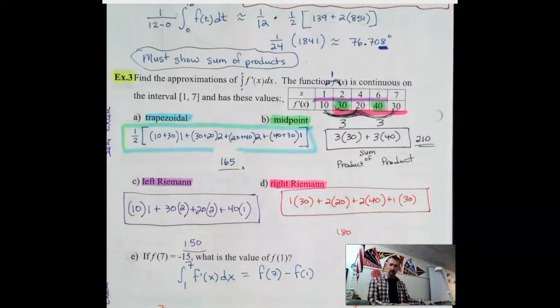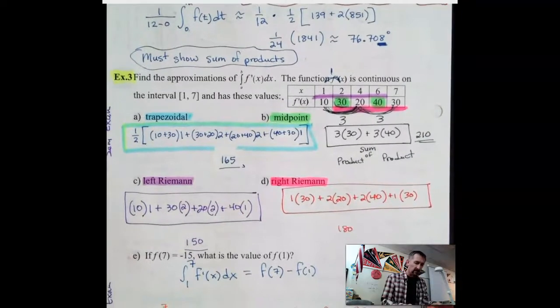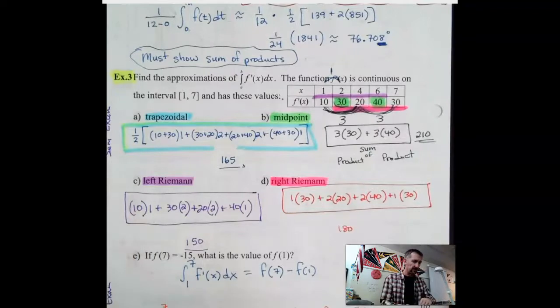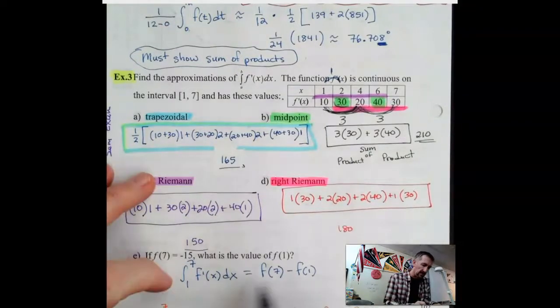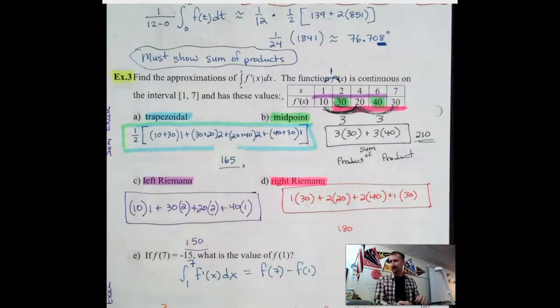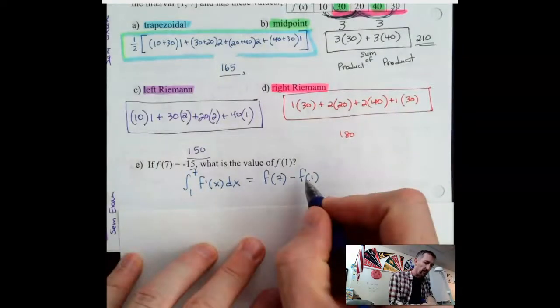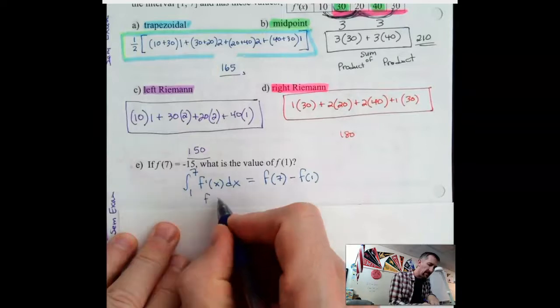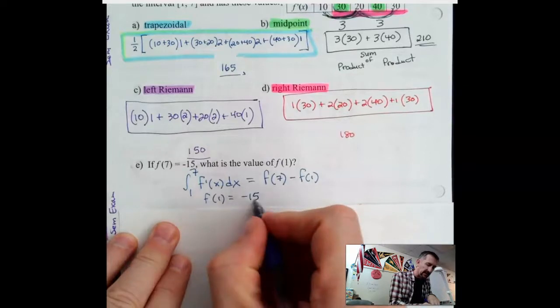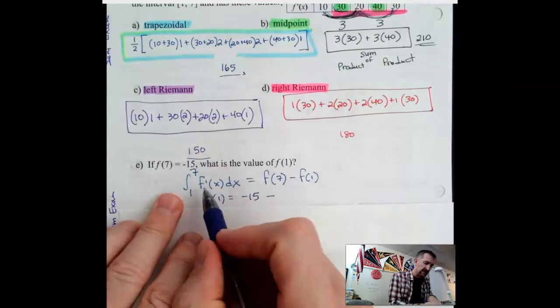So if we look, it tells us that f of 7 is negative 15. So if we're solving for f of 1, we could add f of 1 to the other side over there. So f of 1 is going to equal f of 7, which is negative 15, minus this integral.